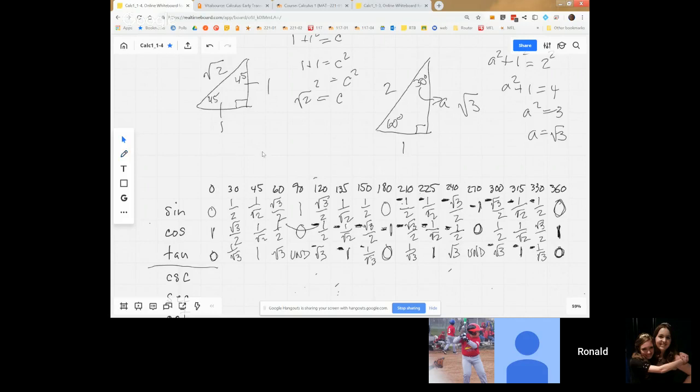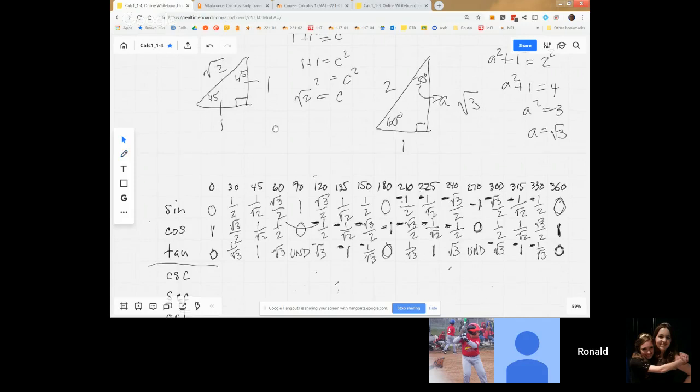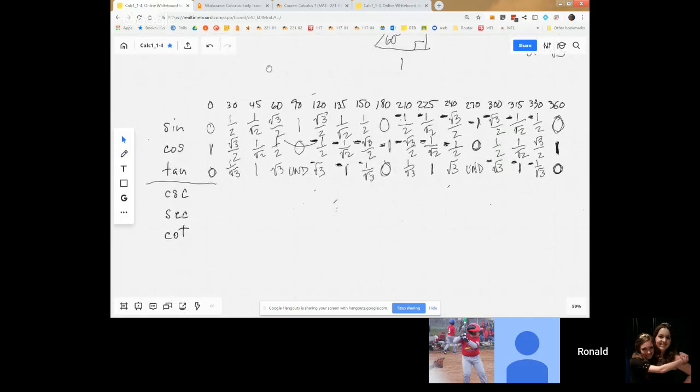Now, the way I taught this to my students, really, these bottom 3 below the horizontal line are what? You have to learn your reciprocal functions. The reciprocal of the sine is the cosecant. That's the reason I put it first. Sine, cosecant.